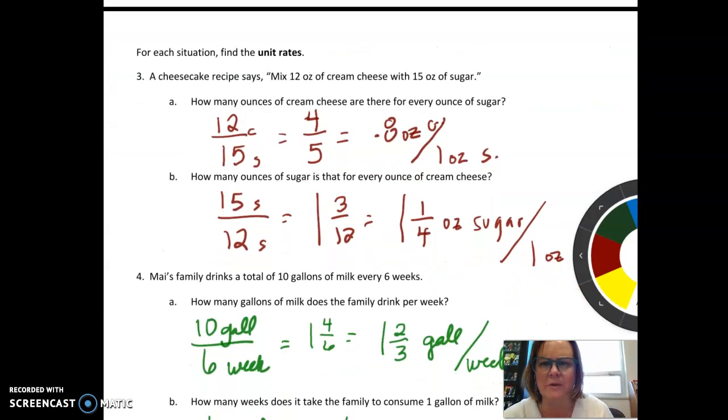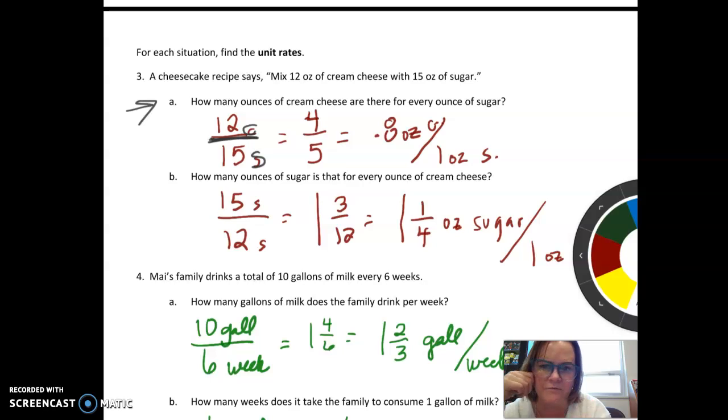All right, number 3. A cheesecake recipe says mix 12 ounces of cream cheese with 15 ounces of sugar. And so we're asked in this first one, how many ounces of cream cheese are there for every ounce of sugar? So we're going to divide cream cheese per sugar. So the 12 ounces of cream cheese divided by the 15 ounces of sugar.